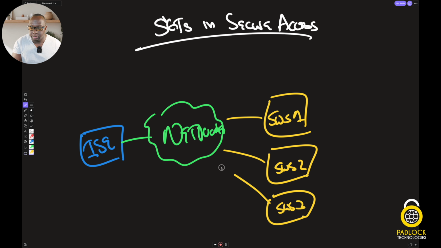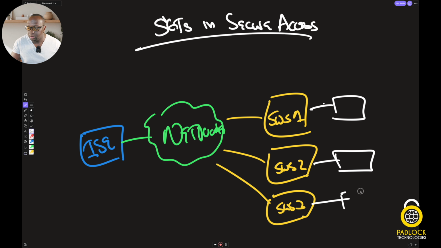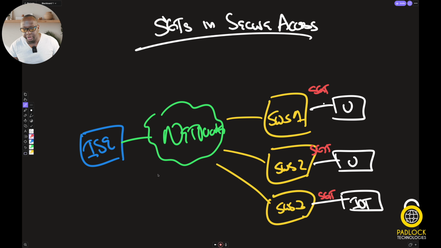I did a TrustSec video before. When users plug into the switch, this could be an IoT device too, they're going to be assigned, if you've got everything set up correctly, an SGT value. This could also go to VPN users, stuff like that. But let's just say an SGT value for wired.